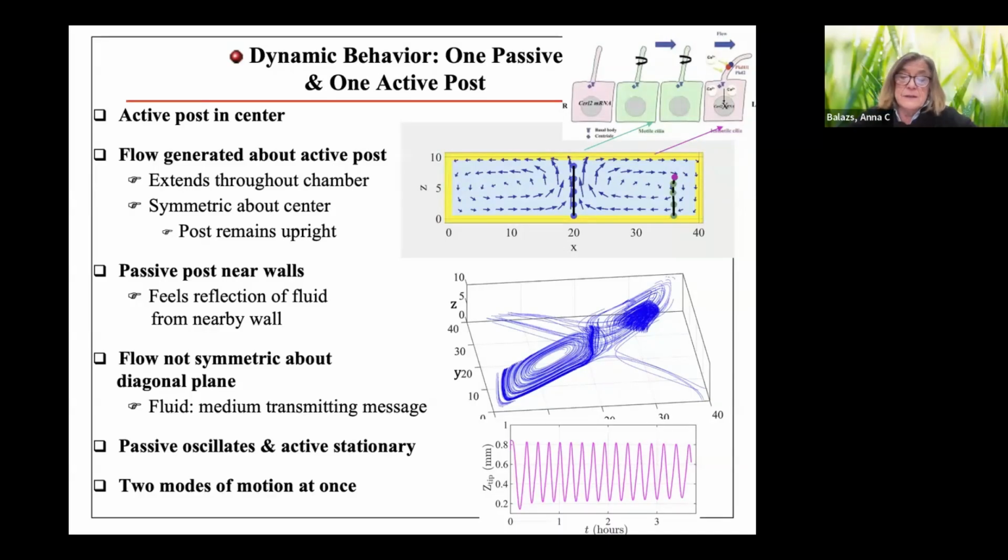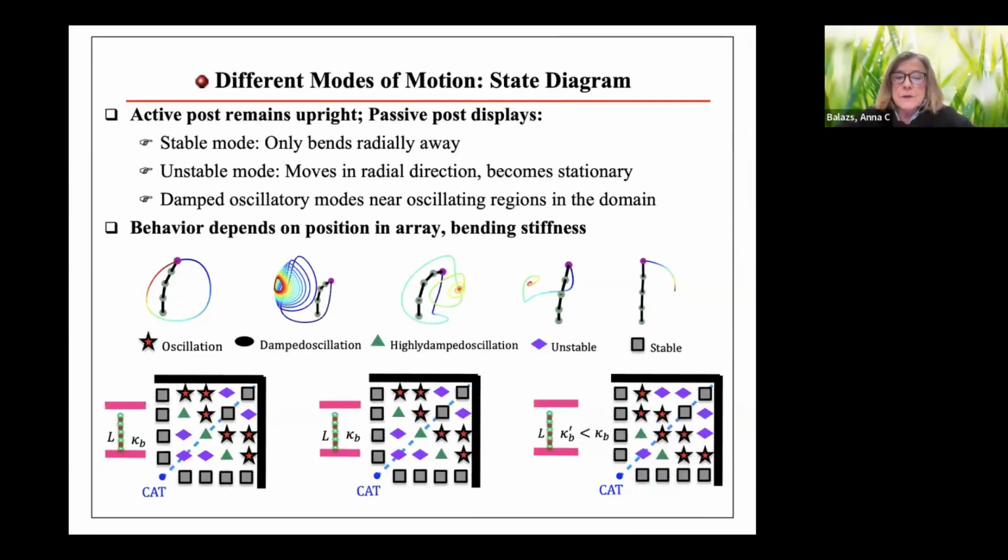So there are two interesting things about that. One is that you can get two modes of motion at the same time, and the other is this really is quite like nodal cilia. So I showed you one where the catalase was in the center, and the passive one did this beautiful oscillatory motion. But its motion depends on where I put it in the box, because remember, I said it was affected by the sides of the box.